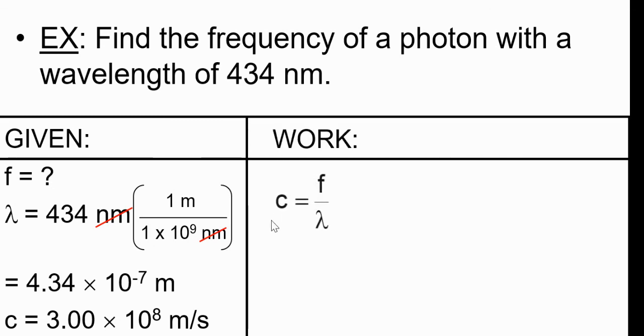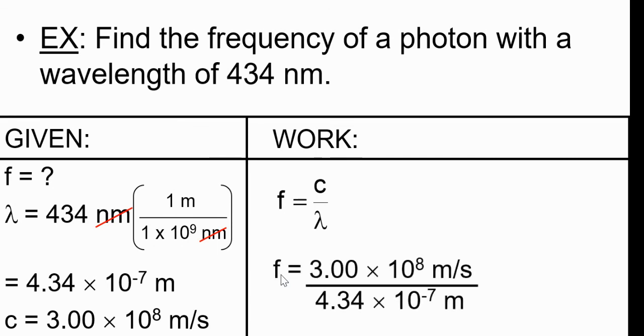So our work for this, remember, well, this isn't right because it should be C equals F times lambda, right? So I think there's a little error on that slide. So how about this? When you solve that, C equals F lambda, you get frequency equals C over lambda. That sounds a little bit better to me. Now we can put in our values. Frequency is equal to the speed of light divided by the wavelength.